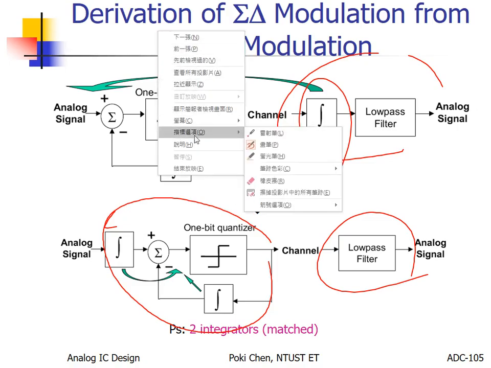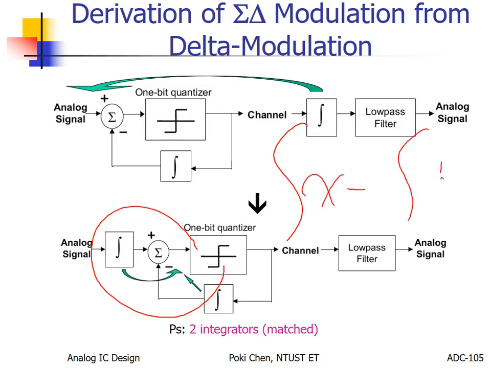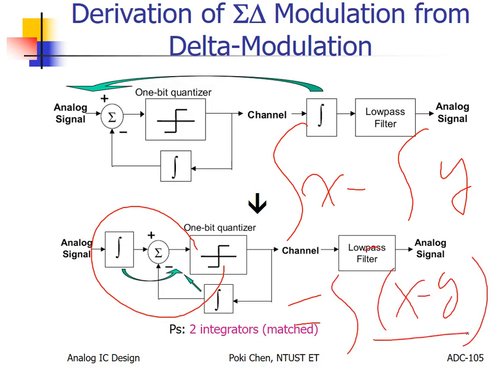The other theory is that summation means integration. Anyway, I don't care whether summation or integration. You learned this already from calculus. The summation of the input and the summation of your digital output, then take the difference.